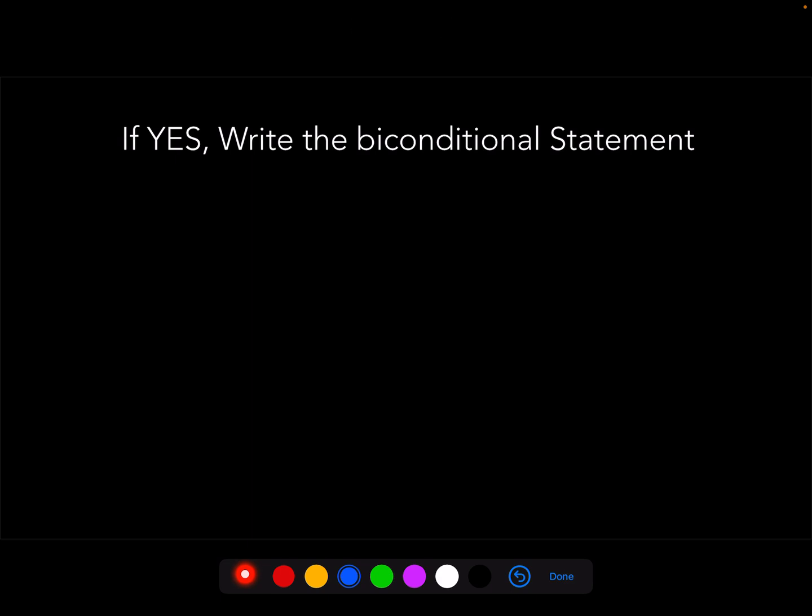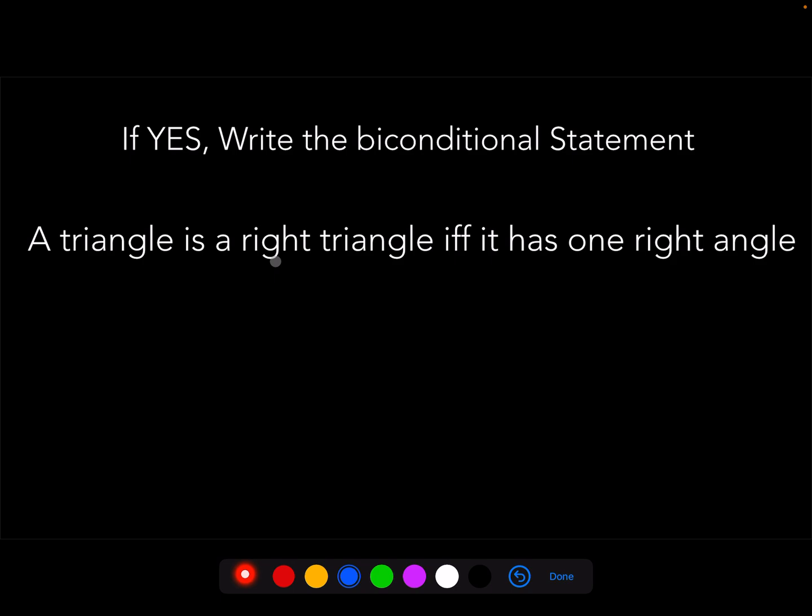If yes, then we can write the biconditional statement. Since both the converse and the conditional statement were true, we can write this as an if and only if statement. This is what it looks like as a biconditional: a triangle is a right triangle if and only if it has one right angle.